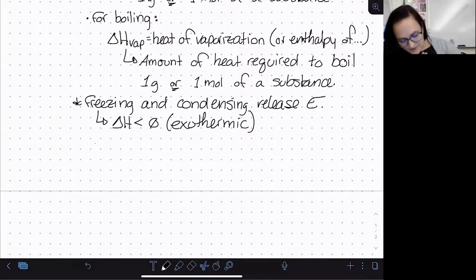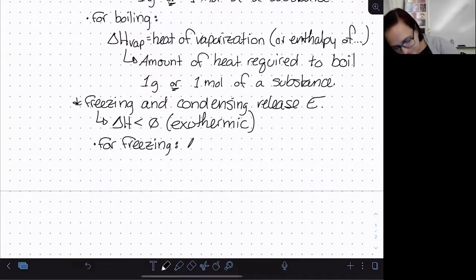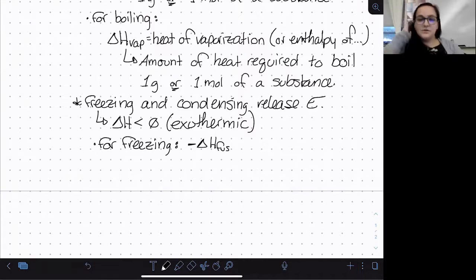So for freezing, we just use negative heat of fusion. So we take whatever we had for melting and we throw a negative sign in front of it, and that is the enthalpy change associated with freezing. It doesn't have a special name, it's just the negative heat of fusion.